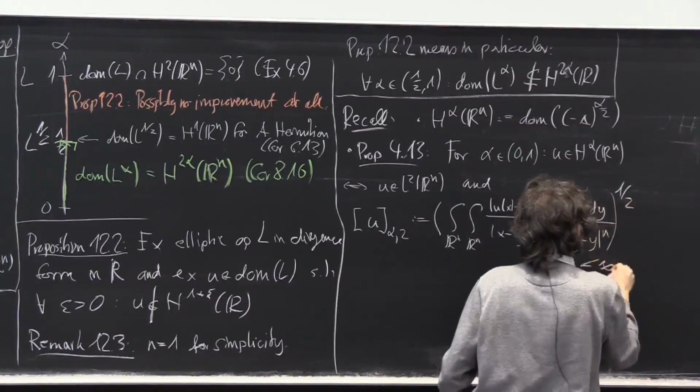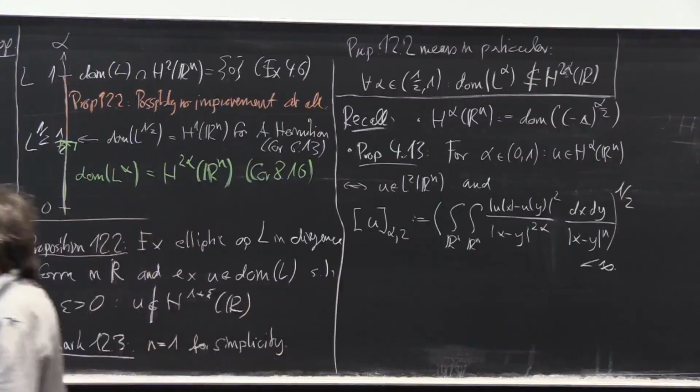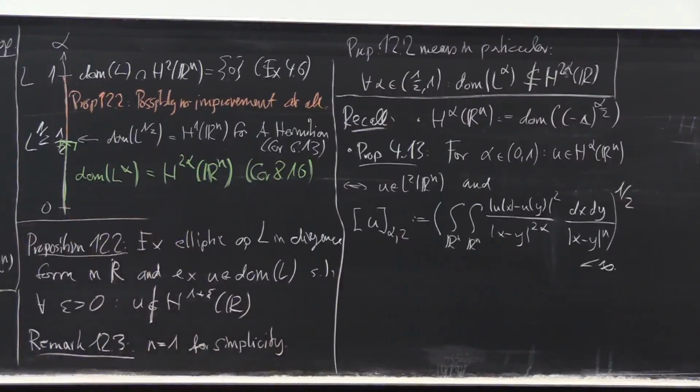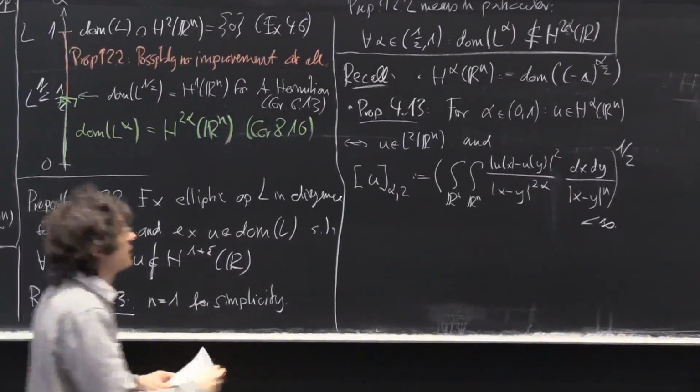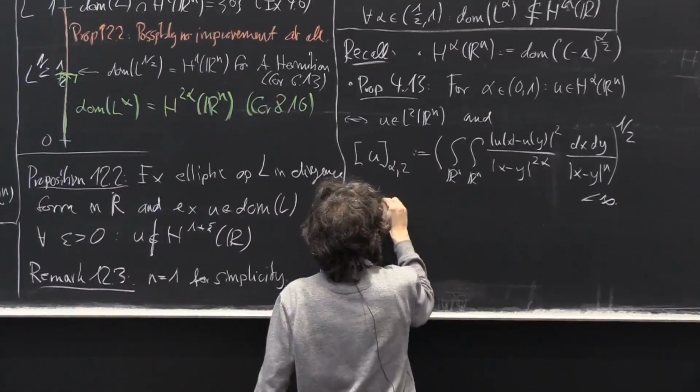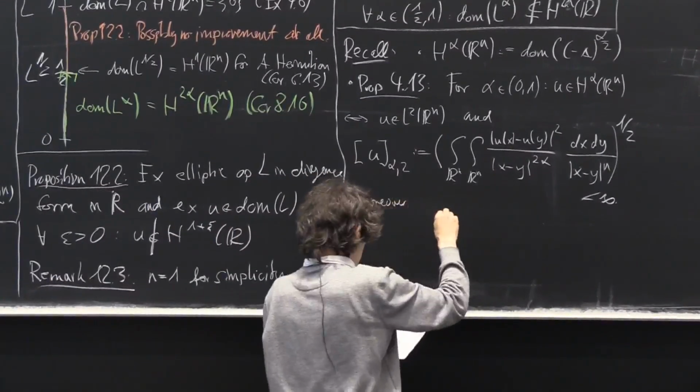If U is an L2 function and this quantity is finite, then U is in H alpha.